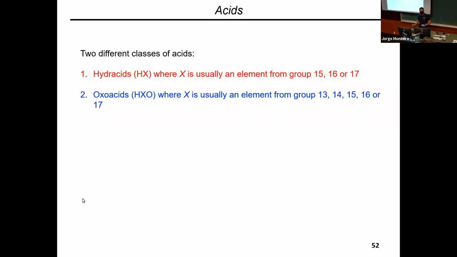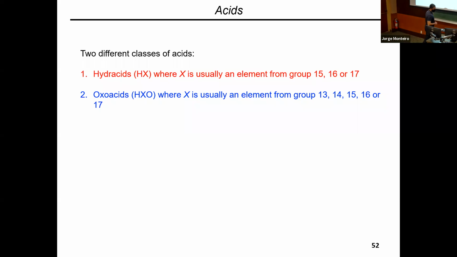All right, so let's recap where we left last week. The last part of the lecture was regarding acids, and I presented to you two different classes of acids. First was hydroacids, which are composed of hydrogen plus an element from group 15, 16, or 17.